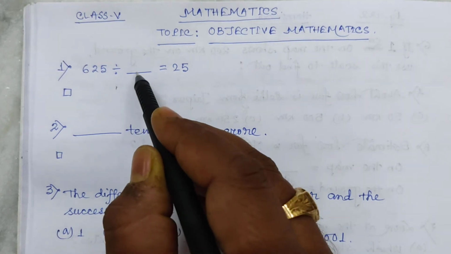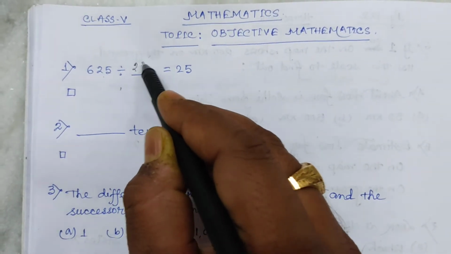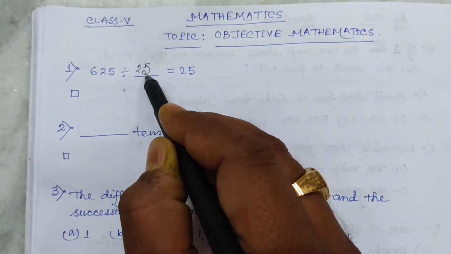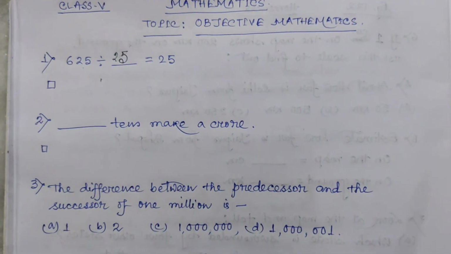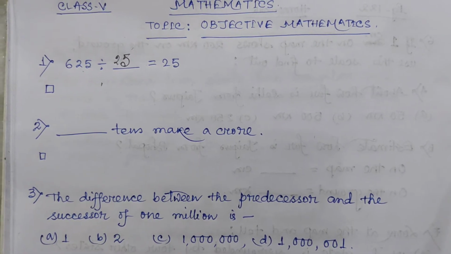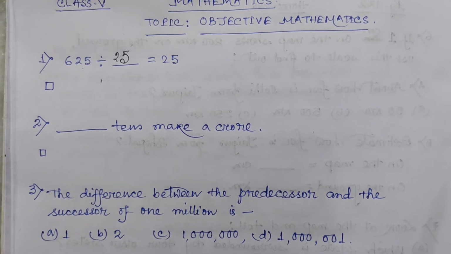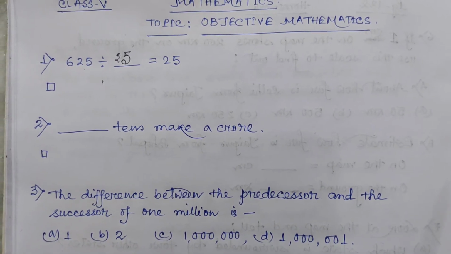If you divide 625 by 25, you will get 25. So 625 divided by 25 equals 25. So the answer is 25.